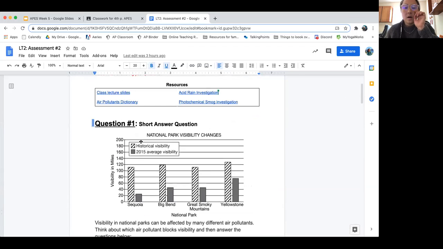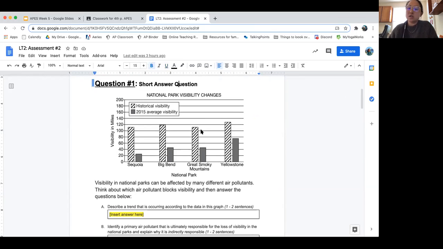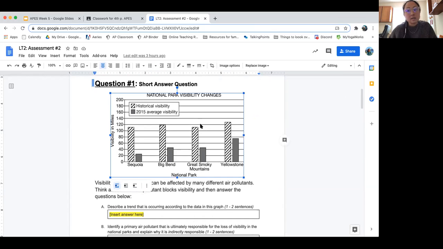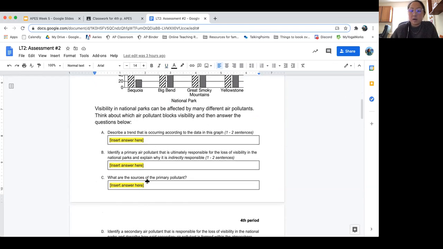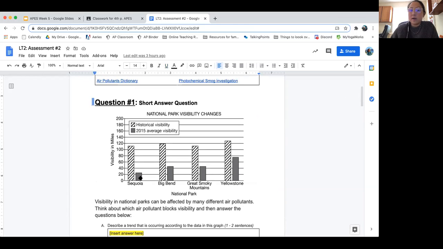All right. In question 1, remember I said that there's a short answer question. Basically I want you to look at this graph, look at the details on it, really examine this graph, and then try to answer the questions following it about what it means that national park visibility has changed over time.